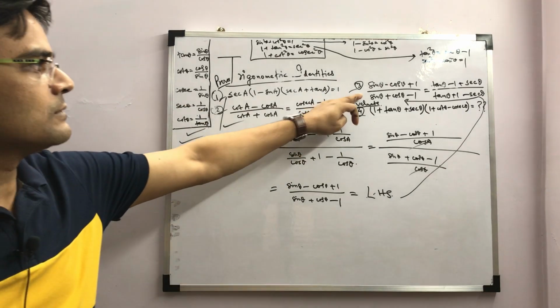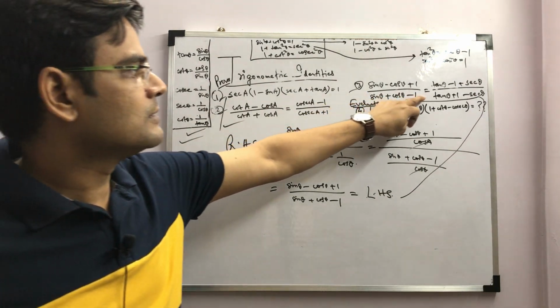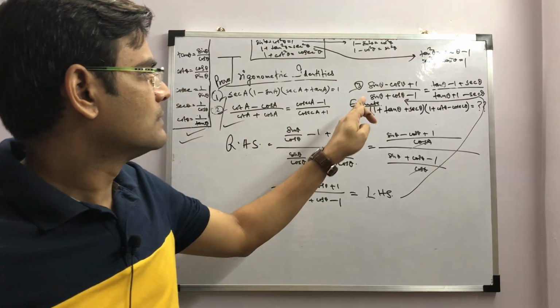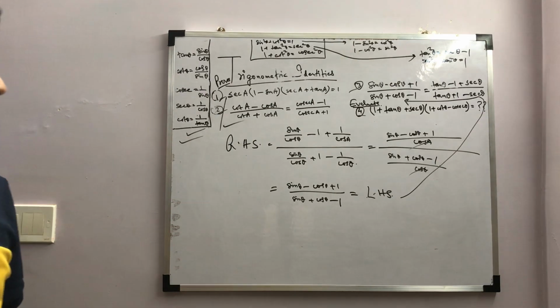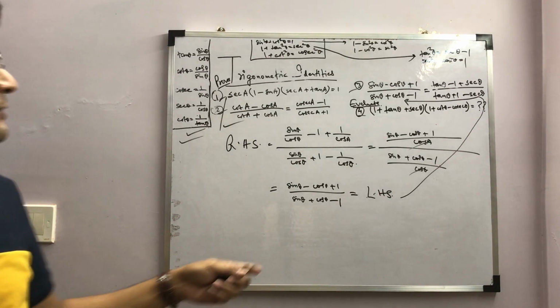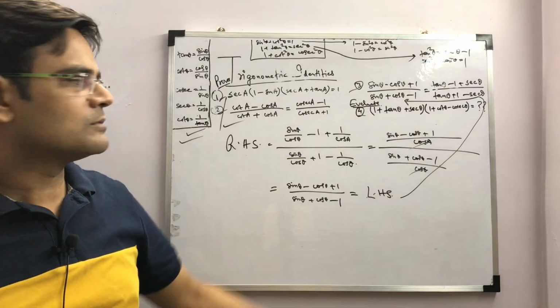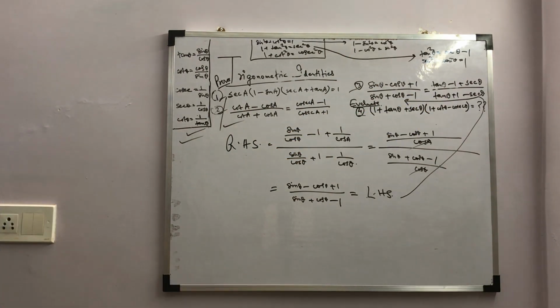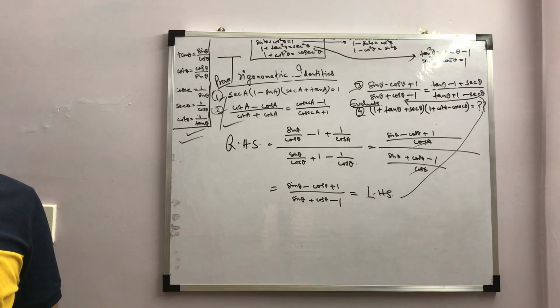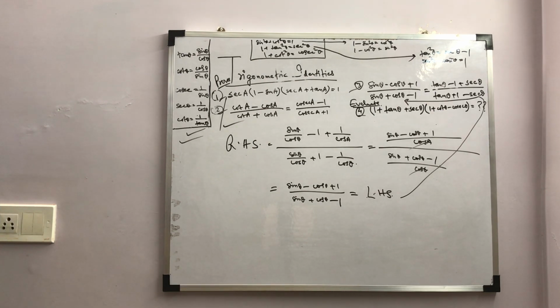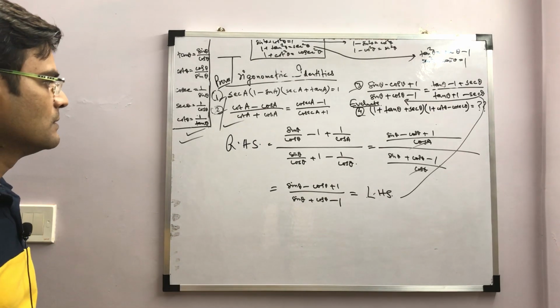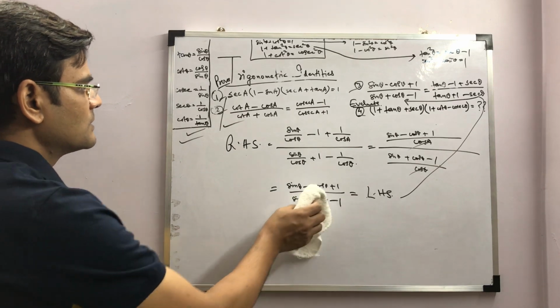But here, since it is already in sine and cos, let's break this one into sine and cos and reach here. Now if you want me to pick up RHS and move to LHS, that can also be done, but we will not do it today. Let's move on. If you want me to show that, you can put in the comments box. I can definitely provide you with the written expression.